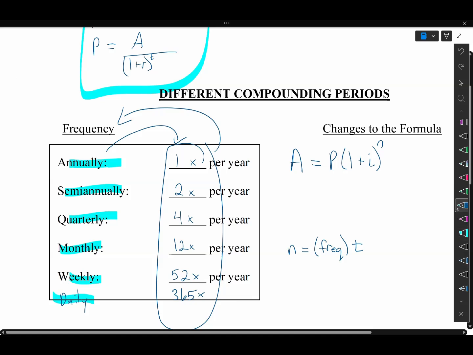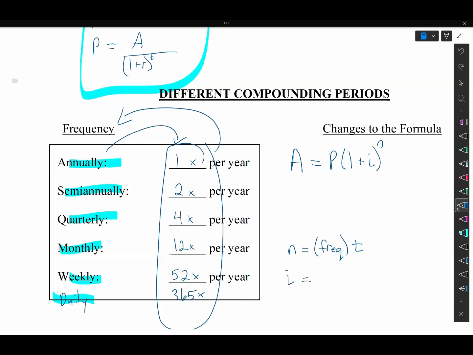Our I value is going to be our interest rate, which we've already called R. It's going to be our interest rate, and we're going to divide that by our frequency. So you can see here that frequency is showing up in both of these calculations. And in one of them, it's multiplying when we're calculating how many times we'll be performing our calculations. And the other one, it's dividing when we're calculating what is our interest rate per period.